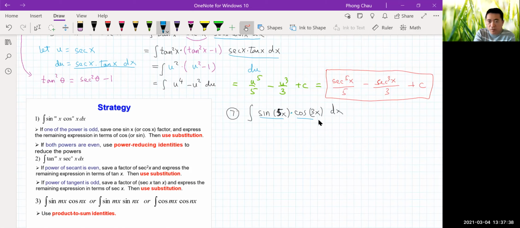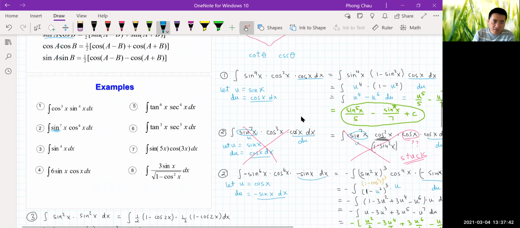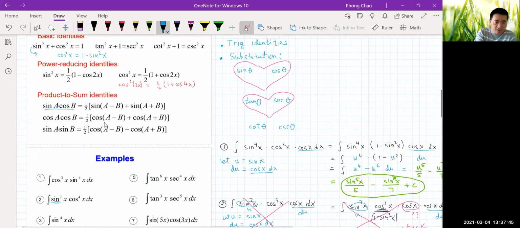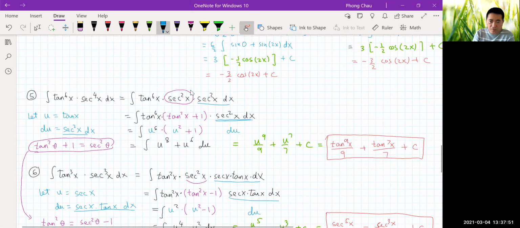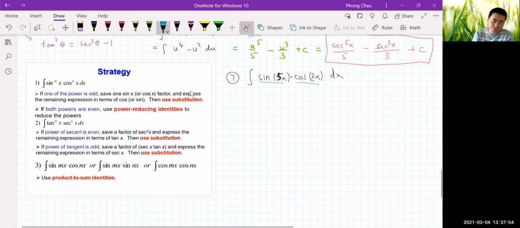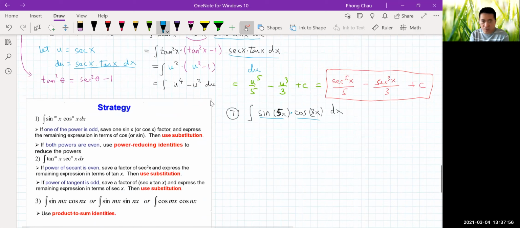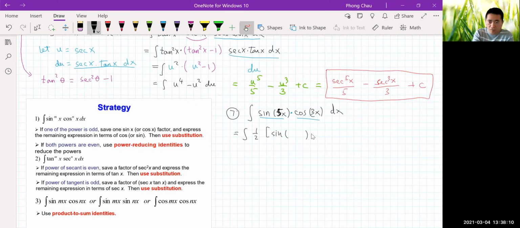So for multiplications of sine and cosine, we will be using the identities again: half sine plus sine. So this integral now could be written as half of sine plus sine.